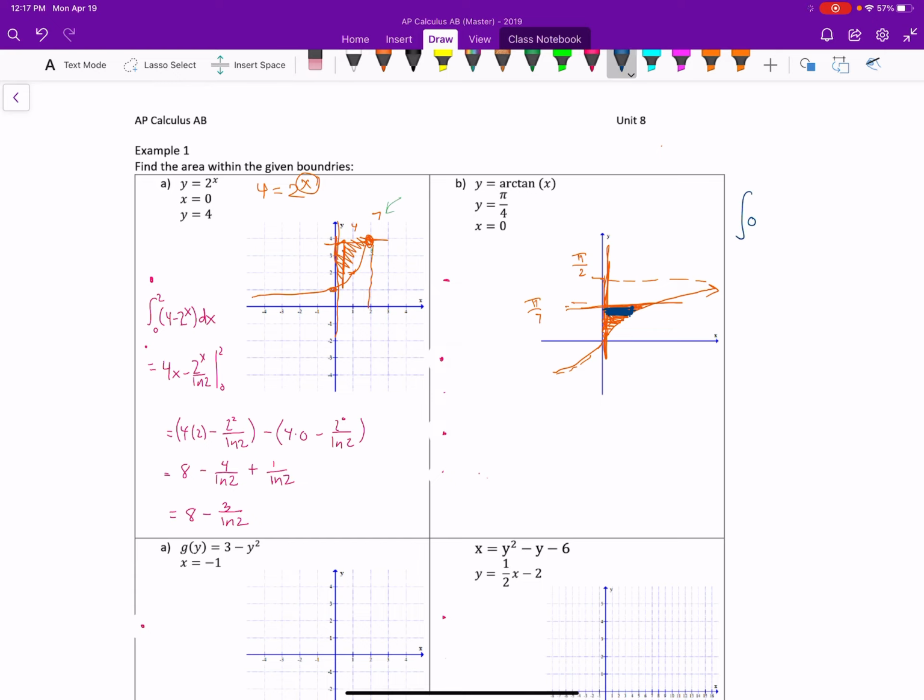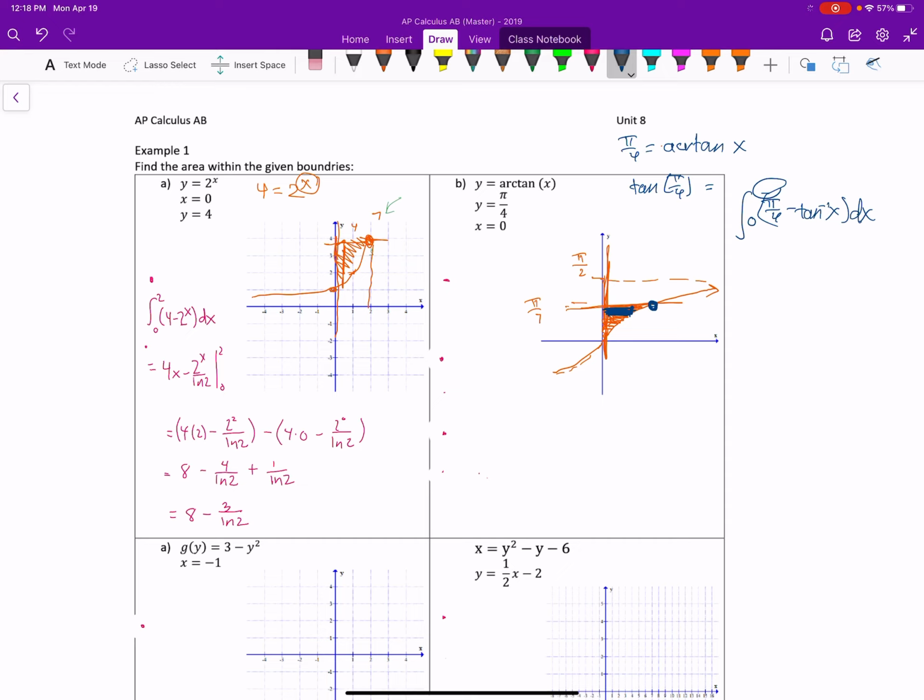From 0 to something, I could do pi over 4 minus arctangent of x dx, and then find this value up here. So pi over 4 is equal to arctan of x, and then tan of pi over 4 is equal to x.